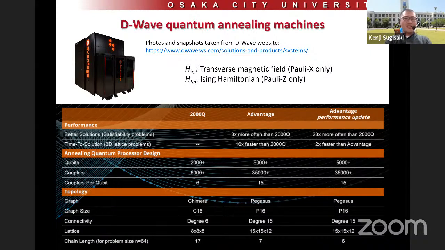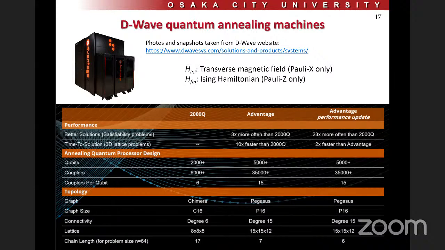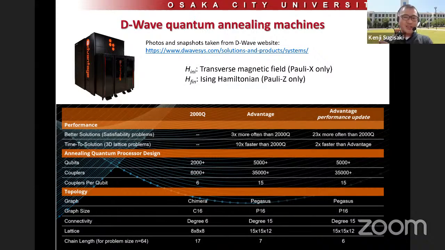But in the quantum annealing machine, such universal computation is not possible, because the type of possible operations is very limited, and also the coherence time is much shorter than in gate-based machines. This is the basic difference between the gate model and the quantum annealing machine.